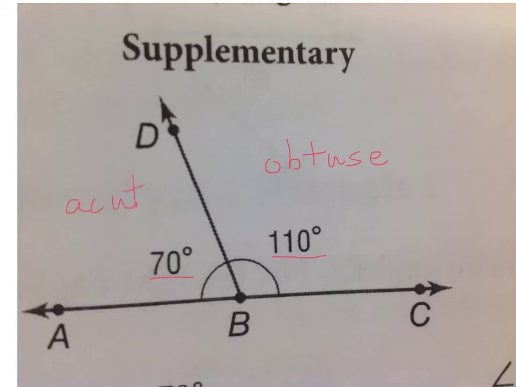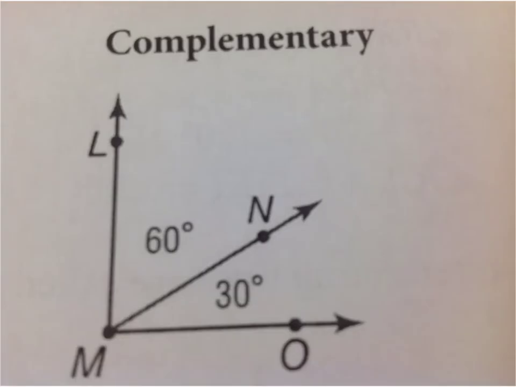The only way that these angles are supplementary is if they add up to exactly 180 degrees. So if we take 110 degrees plus 70 degrees, you'll see that we do indeed get 180 degrees. So these are supplementary angles. They add to 180 degrees.